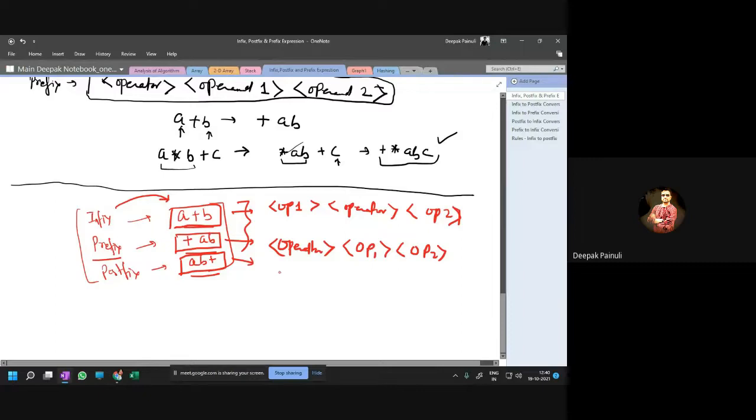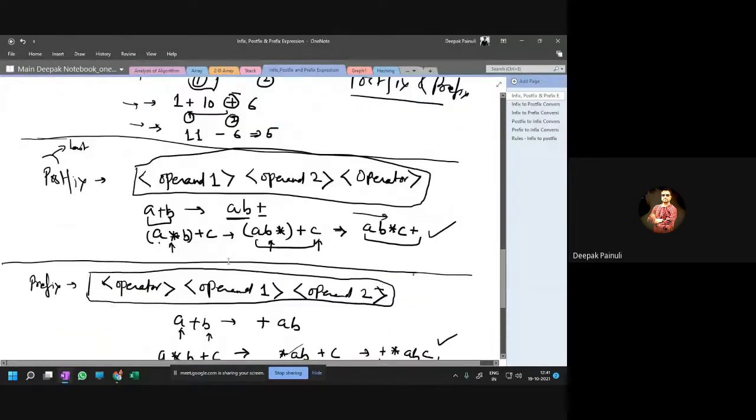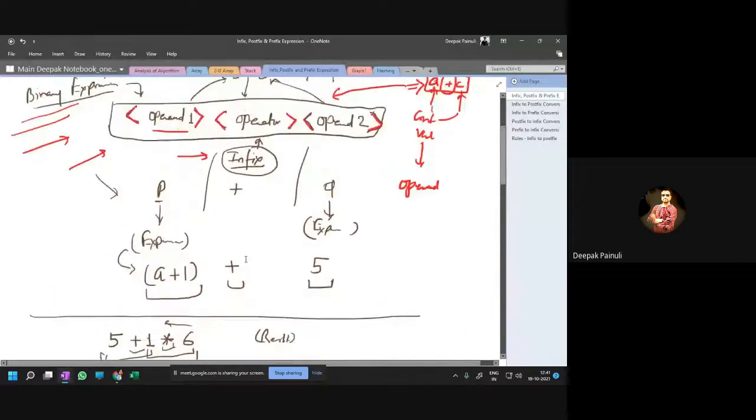And in case of postfix, the expression will look like operand 1 and operand 2 come first, and at the last we will have the operator. So this is the rule of thumb. We will remember infix, postfix and prefix by this rule: a plus b, plus a b, and a b plus. It will help you at the time of calculations, right?